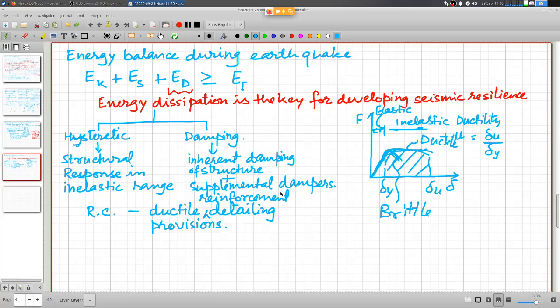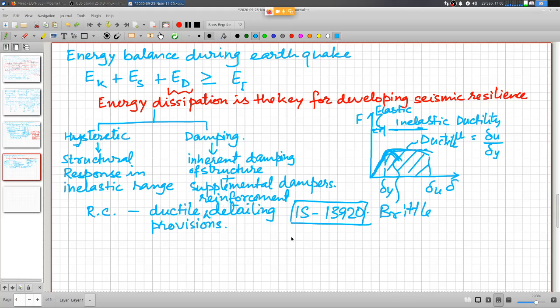And that is what is incorporated in IS 13920, ductile detailing. I have uploaded this code on the LMS site, the Moodle website for the course. You can have a look at it.